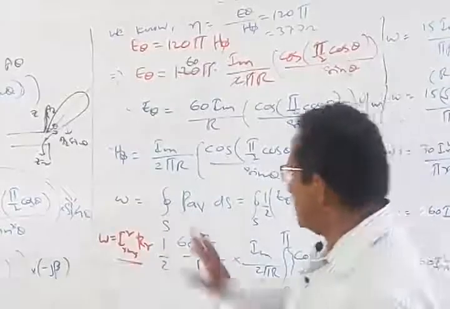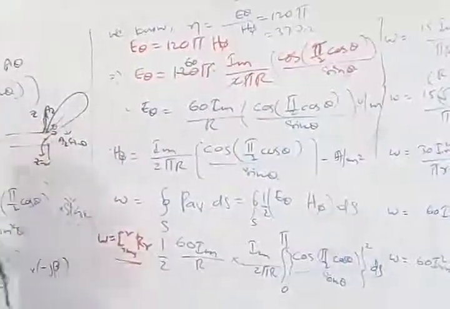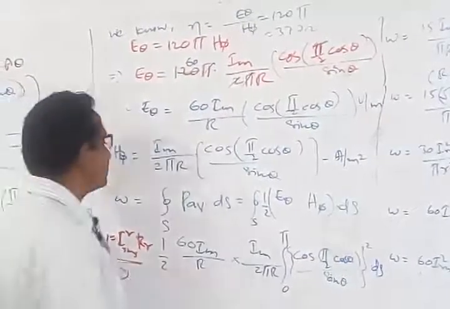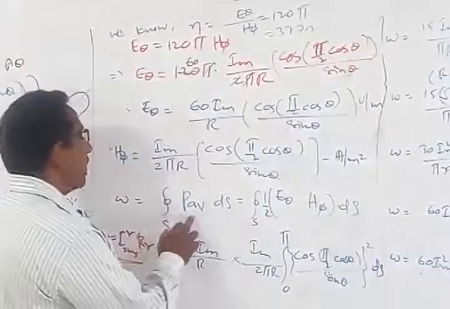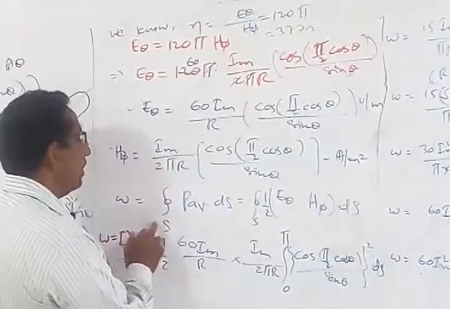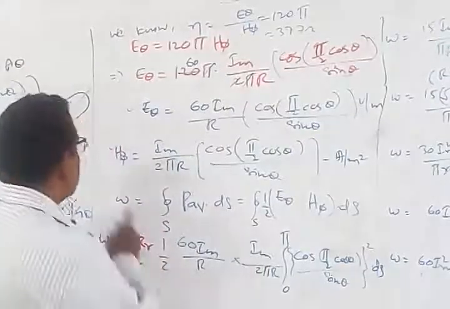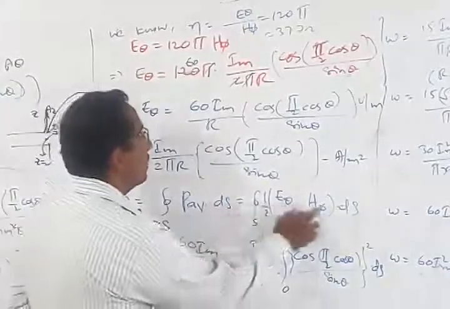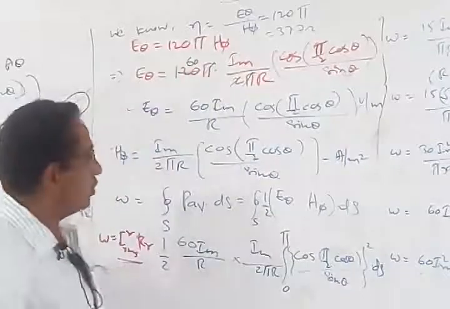So in that process we are going towards solving the expression for the power. The power is equal to, what is the formula we have? The integration of the average power density over a closed surface. So average power density is equal to what now? E theta H phi by 2. Why is it going to be like this?